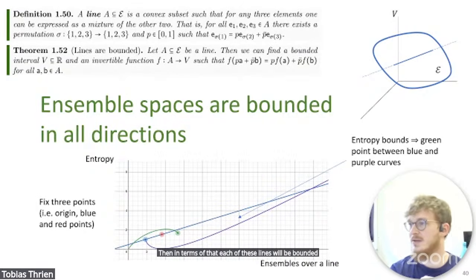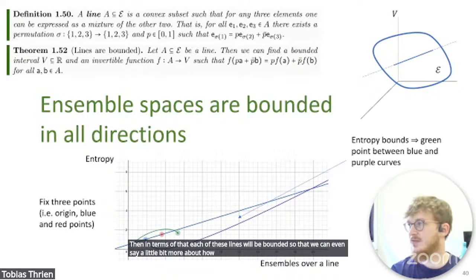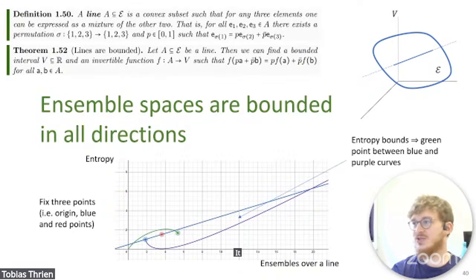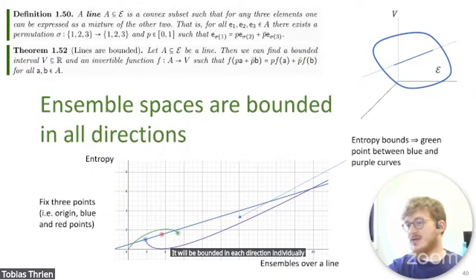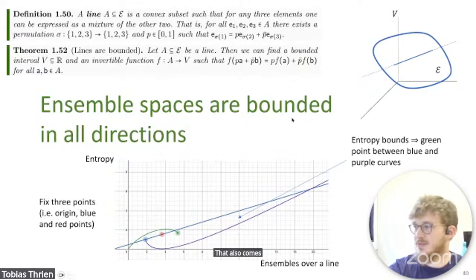So we can say a little more about how this convex space is embedded into the vector space. It will be bounded in each direction individually. That also comes straight from the entropy, and a straightforward calculation.